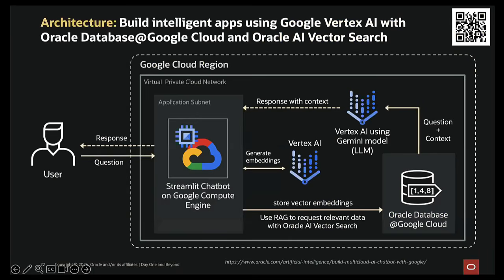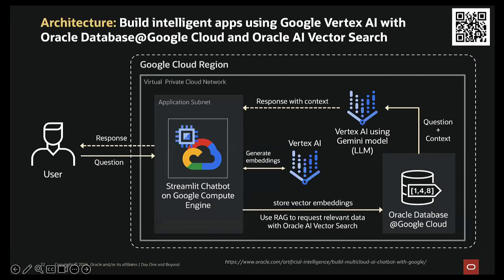Okay, and here is the architecture of how you can build intelligent apps using Google Vertex AI with Oracle database at Google Cloud. This architecture brings together components from both Google Cloud, Vertex AI, and Oracle database at Google Cloud.